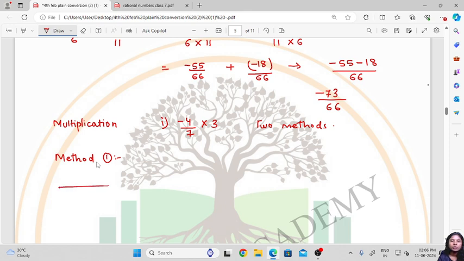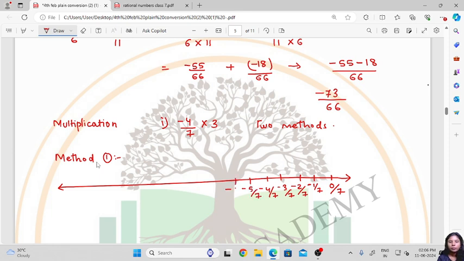In this, this is my number line, and this is my 0 by 7. I have minus 1 by 7 here, minus 2 by 7, minus 3 by 7, minus 4 by 7, minus 5 by 7, minus 8 by 7, minus 9 by 7, minus 10 by 7, minus 11 by 7, minus 12 by 7, and minus 13 by 7.